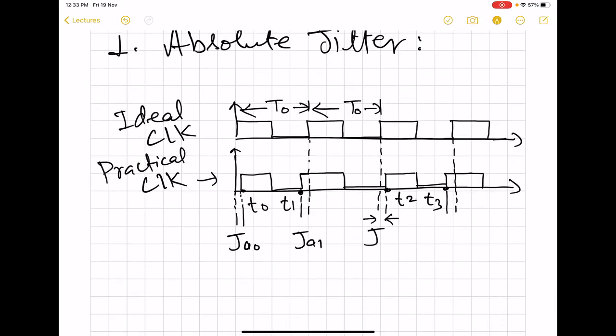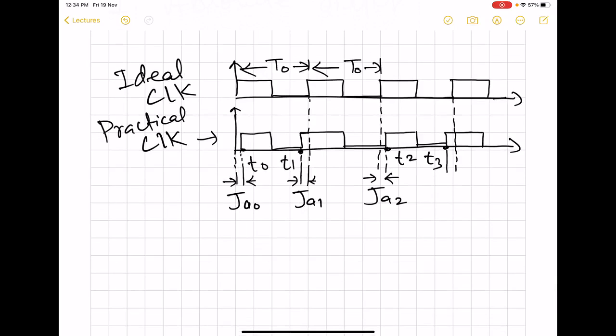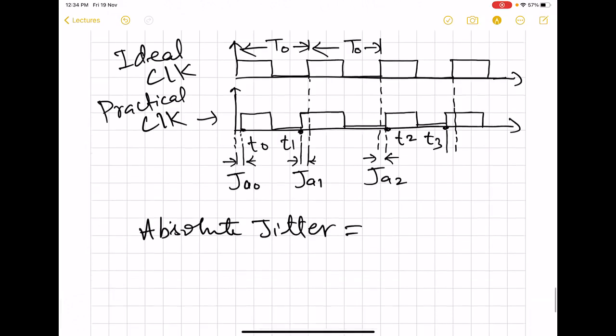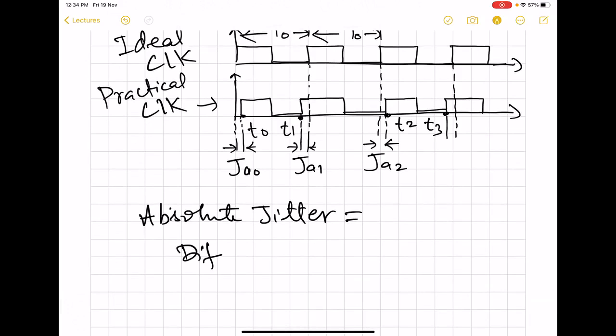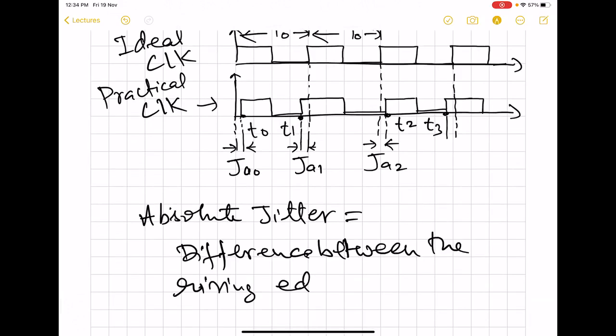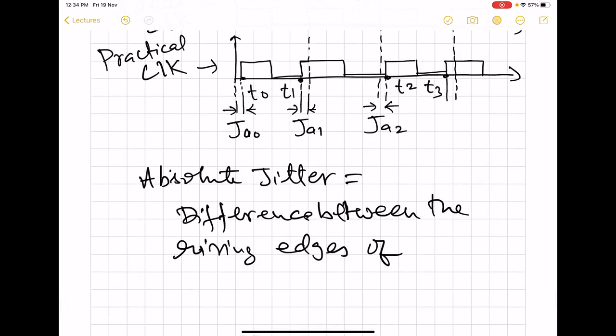So absolute jitter is the difference between the rising edges of the ideal clock and the practical clock.